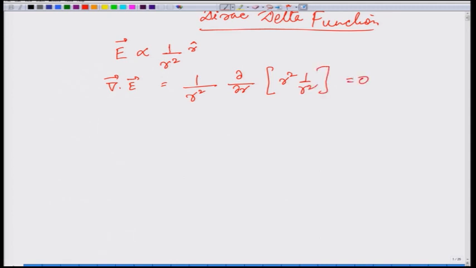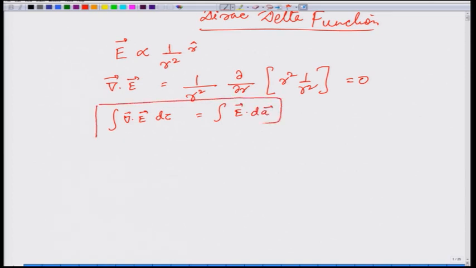But meanwhile, we also know that the integral of divergence of E d tau should be equal to the integral of E dot dA from our divergence theorem.